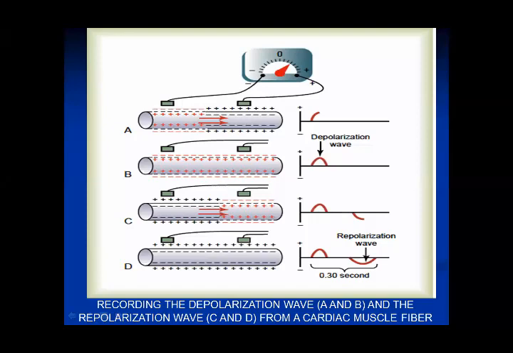Coming to the C diagram, again, the electrodes are placed outside. We are more concerned with the electronic fields outside, or the electric potentials outside. Now, what is happening?